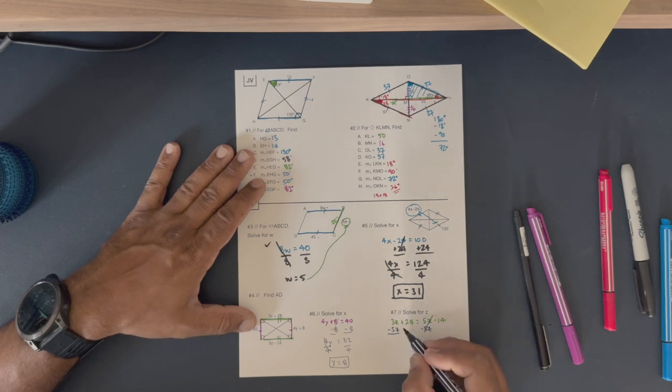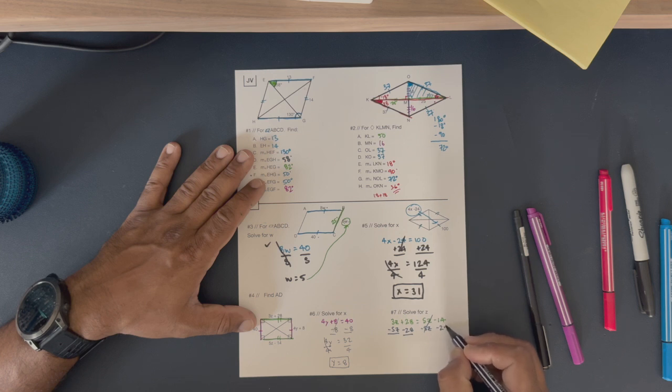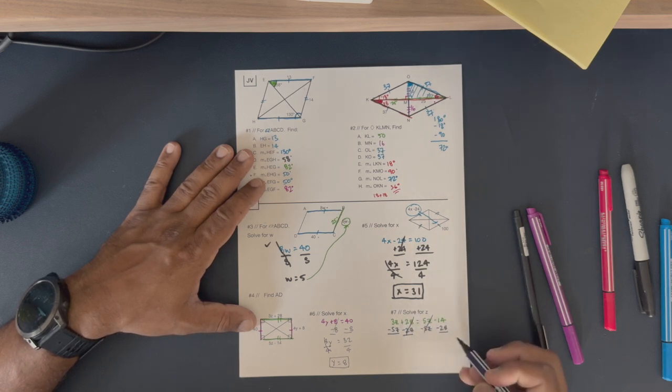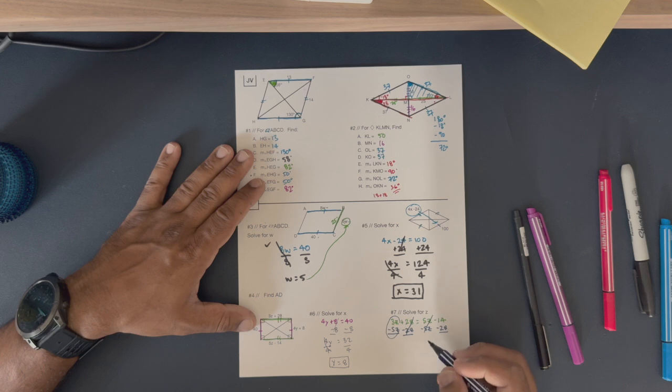I'm going to move the 28 over. So positive 28, so minus 28. I have to do on this side too, minus 28. So that cancels. What am I left with? 3 minus 5z. That's negative 2z equals negative 14 minus 28, which is negative 42. To get the z by itself, I'm going to divide by negative 2. And z equals, negative cancels out with a negative, 21.